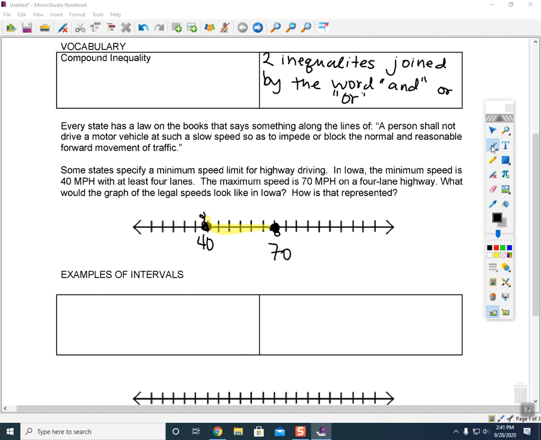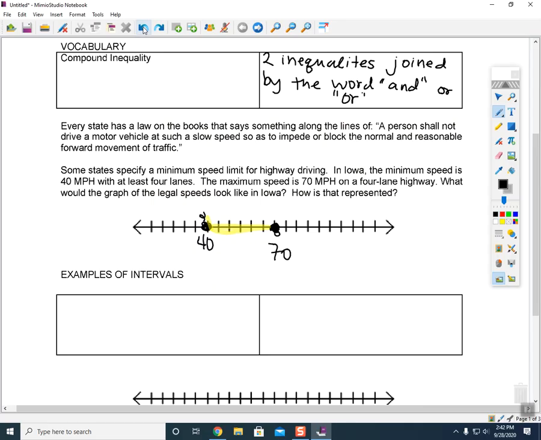So if I were to look at this in terms of an inequality, I would say that my speed, S, needs to be greater than or equal to 40, but it also needs to be less than or equal to 70.